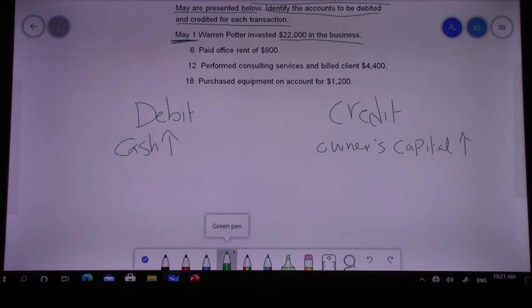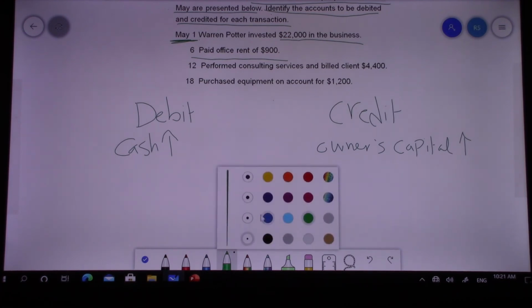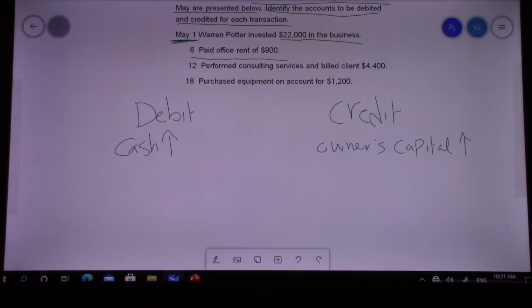May 6, Warren Porter paid office rent of $900. So we paid cash. When cash, or an asset, decreases, do you debit it or credit it?